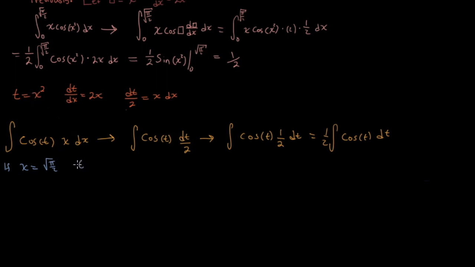So that means t is going to be equal to root pi on 2 squared, which is just going to be pi on 2. So that's what this will be up here, pi on 2. Now, if x is equal to 0, remember t is equal to x squared, so it'll be 0 squared, which is just 0. So this right here would be 0.